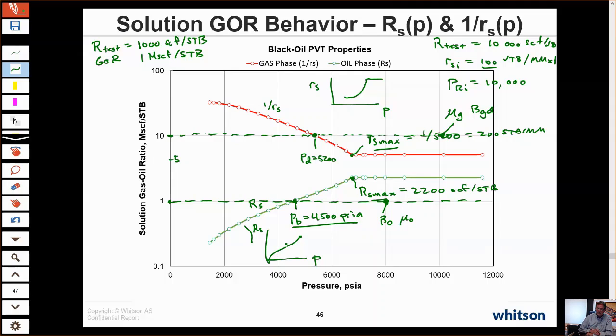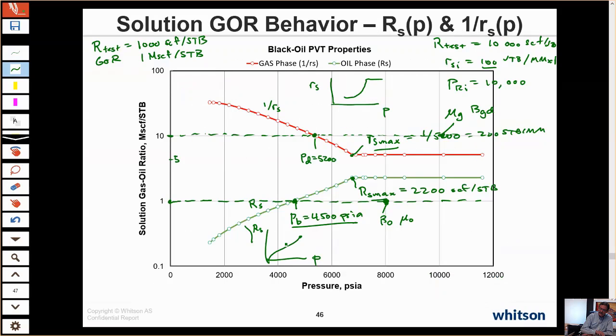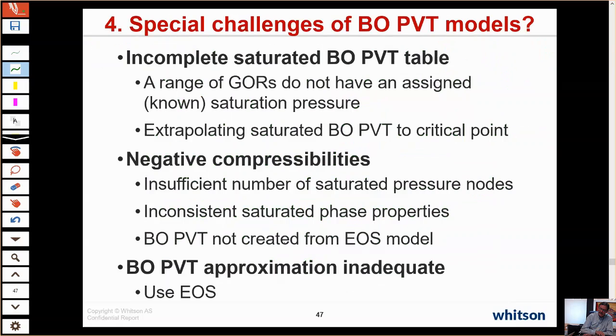So you can do it on the two figures separately, but we like to put them together for a reason we're going to come to now. So this is the procedure that you use to identify whether it's saturated or undersaturated and what properties you can and need to fetch, and you do it in this manner. We're going to do an example of that.